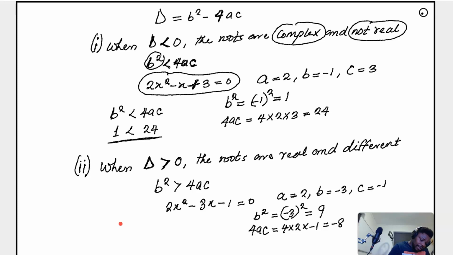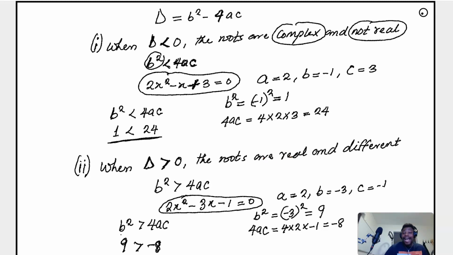So in this case, b squared is greater than 4ac. 9 is greater than minus 8. It simply means that when you solve this equation, you are going to get real and different roots.